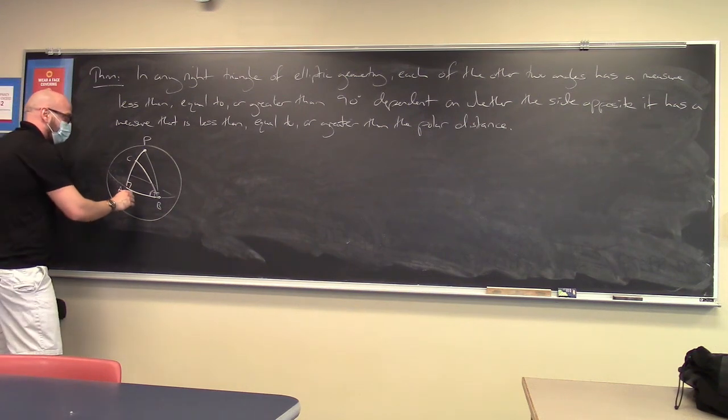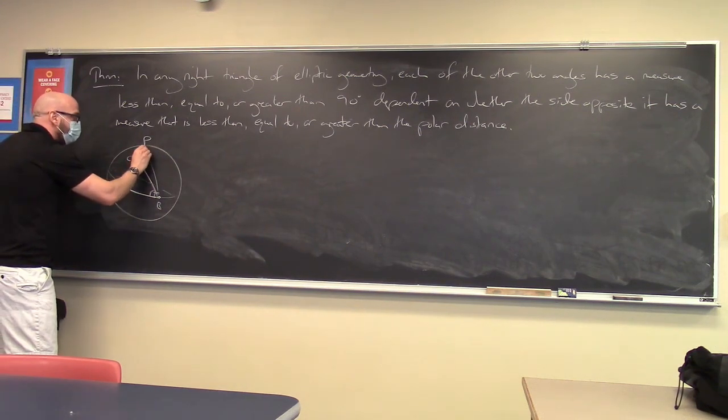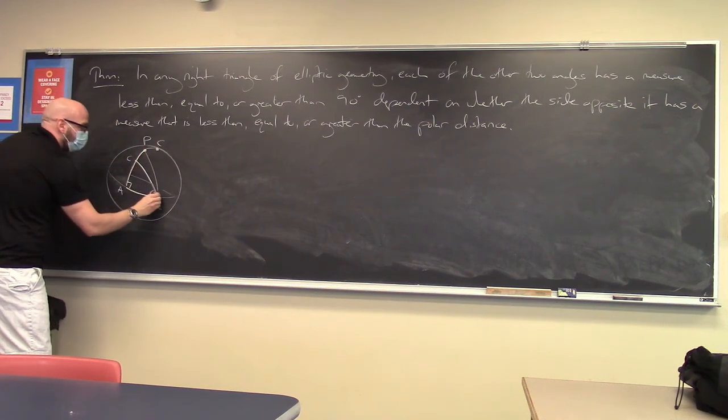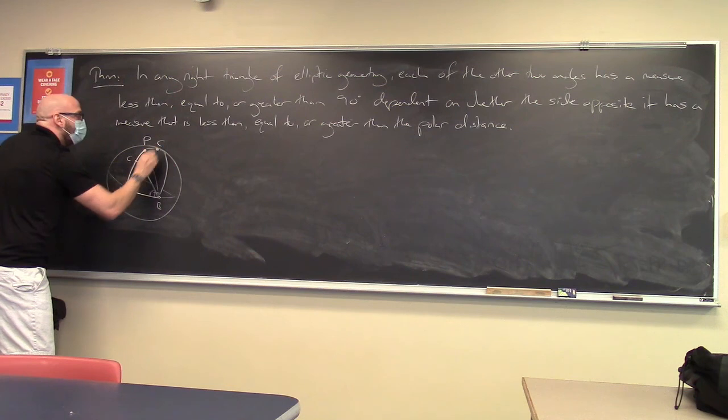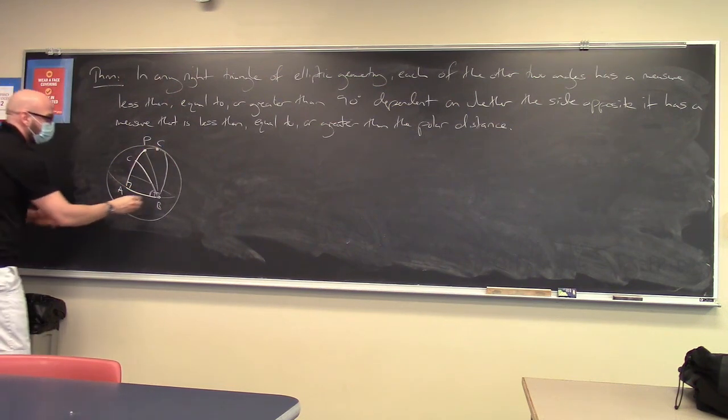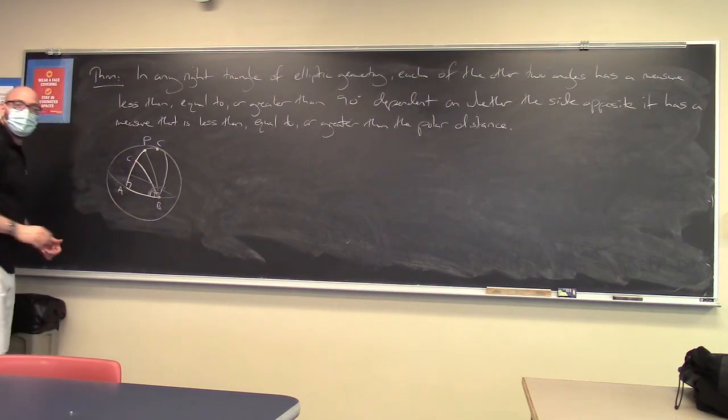And if I were to take this side length to be bigger than the polar distance, I put C over there, and now I get some sort of triangle like this. Well, now this angle is bigger than 90 degrees.